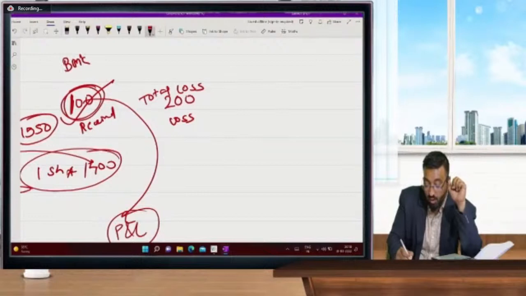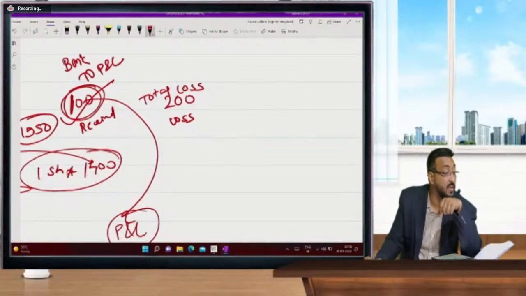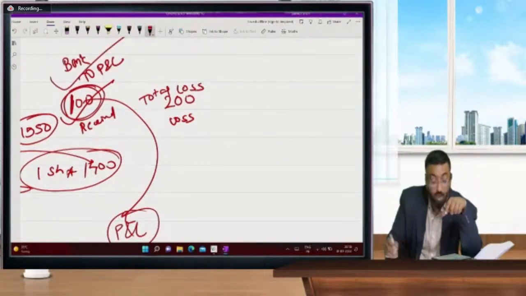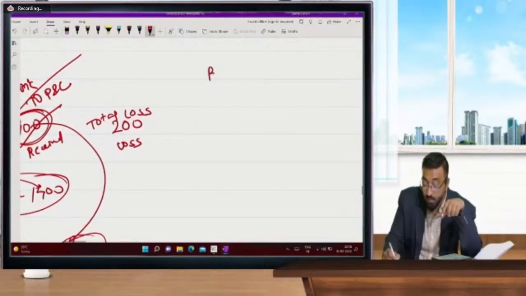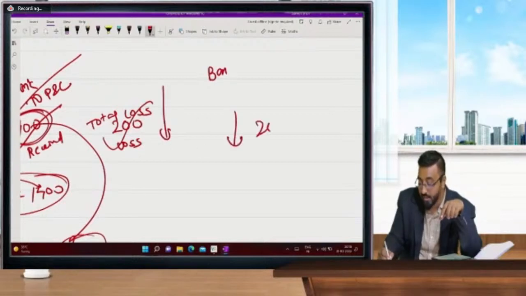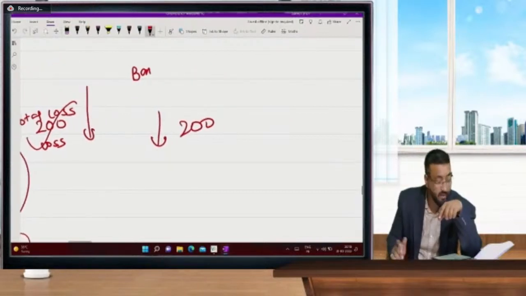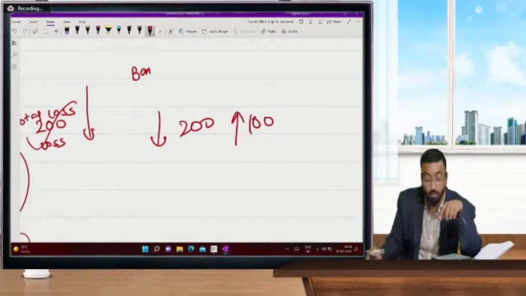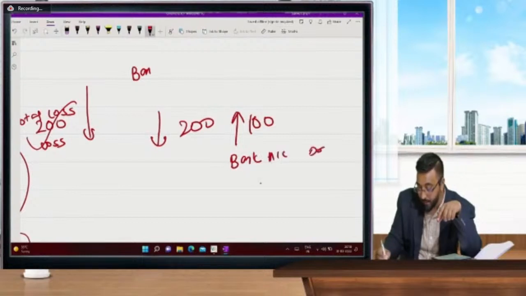Sanket sir will record this 100 rupees as bank account debit to P&L. Bank to P&L for Sanket sir. But Pratham will record differently, because his investment is reduced by 200 and he is getting 100 rupees from renouncement. So Pratham will pass this entry: bank account debit to investment.